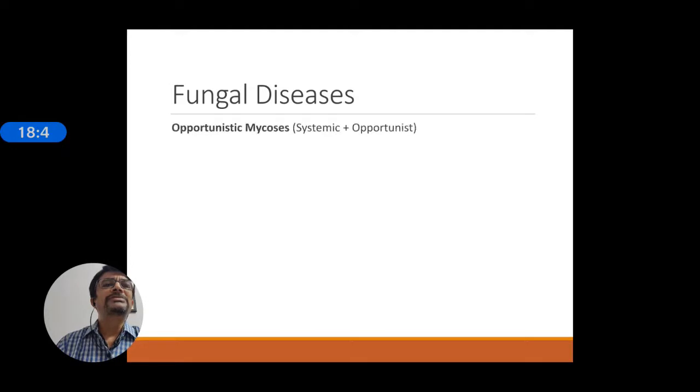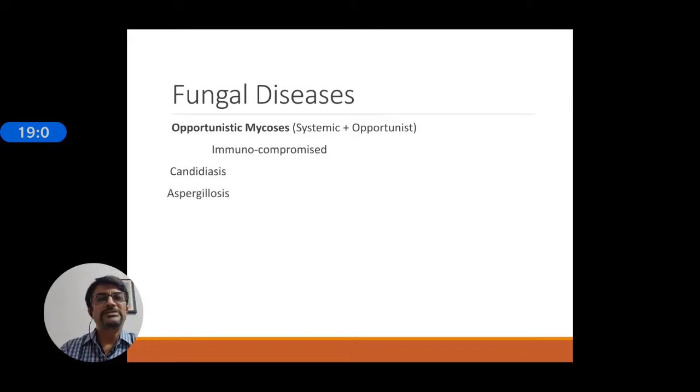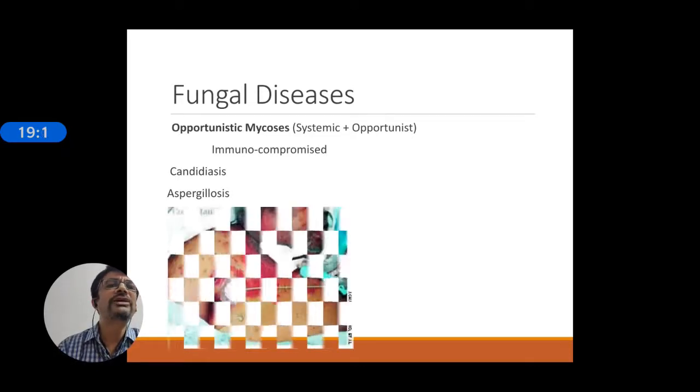And the last but not the least is the opportunistic mycosis. It may produce systemic infection also, where various organs are involved. Basically it would occur in an immunocompromised host or a host with certain predisposing conditions. So candidiasis, aspergillosis, zygomycosis, cryptococcosis, these are the examples of this fungus.